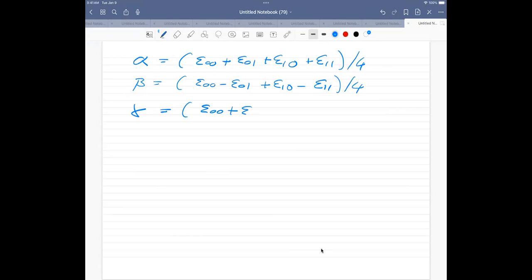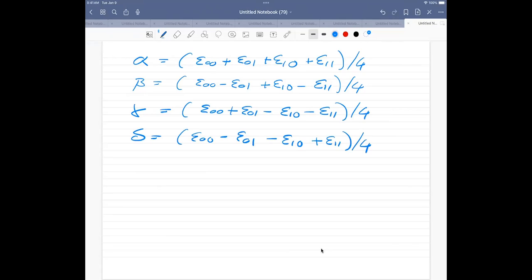Plus an epsilon 10, minus an epsilon 11. And finally, you have a delta, which is epsilon 00, minus epsilon 01, minus epsilon 10, plus epsilon 11, divided by 4. And when I add all these terms up, I'm going to get this final matrix which we have.